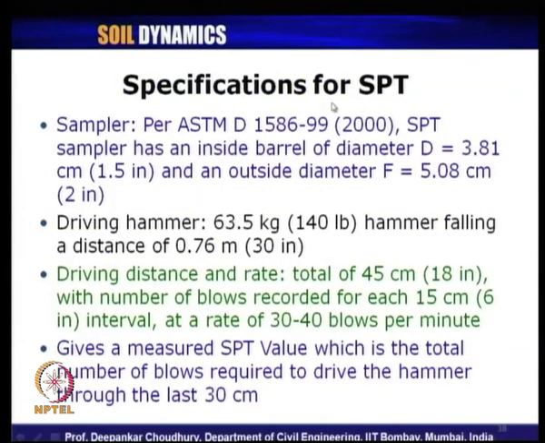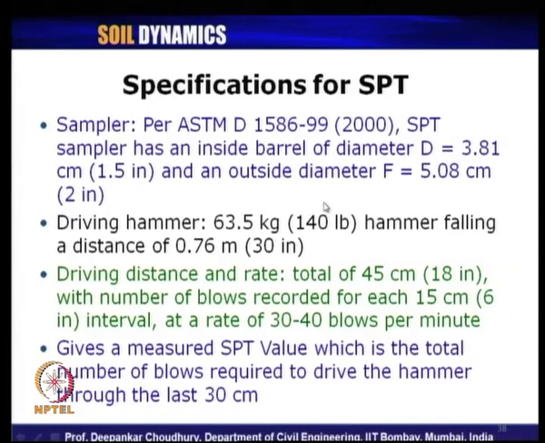So, specifications for SPT as per the ASTM standard: the SPT sampler has an inside barrel diameter of about 3.81 centimeter, which is about 1.5 inch, and an outside diameter of about 5.08 centimeter, which is about 2 inch. We know why the sampler dimension also is standardized in terms of inside and outside diameter.